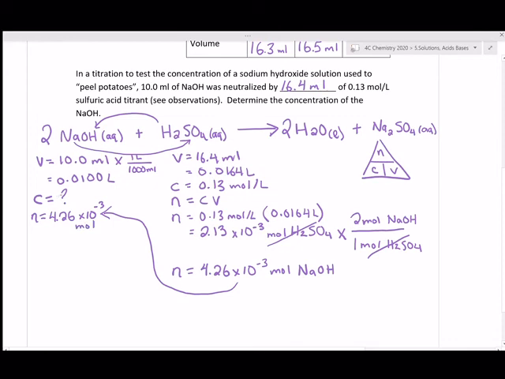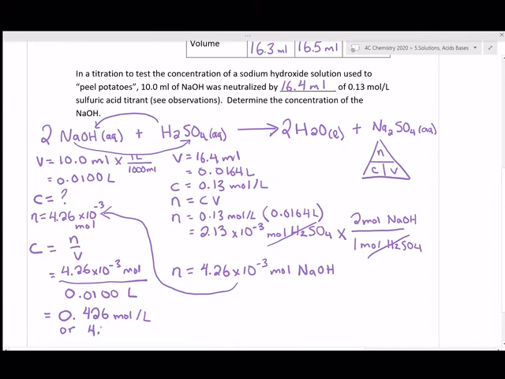And we wanted the concentration. So now we have the volume already. We've got the moles now. We want concentration. C is n over V. So 4.26 times 10 to the negative 3 moles divided by 0.0100 liters is going to be 0.426 moles per liter, or perhaps you want to write it in scientific notation, which is fine, 4.26.